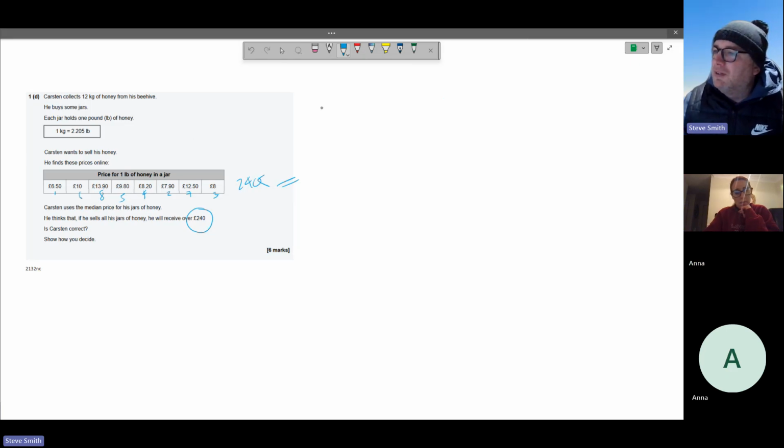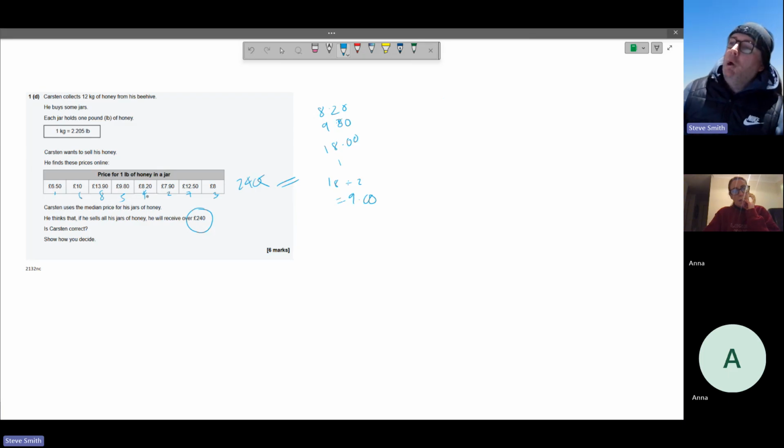So fourth and fifth, it's £8.20 and £9.80. So add those up, we've got a 0, a 0 and a 1, we've got an 18. Okay, so divide that by 2, and we've got £9. So £9 per pound of honey.